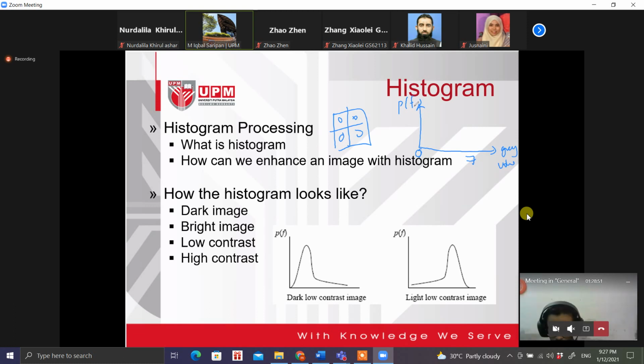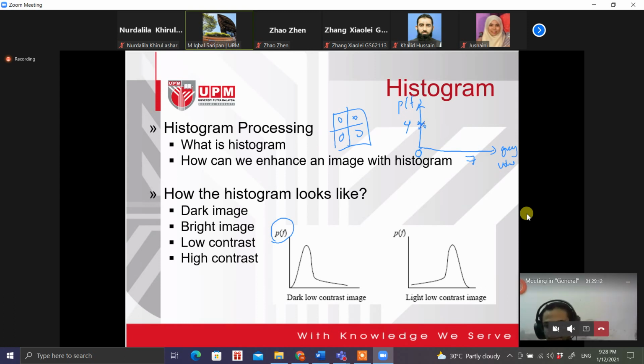That's why in the textbook they call that P. P means the probability of that particular color to appear. So in this case, we have 4: 1, 2, 3, 4. So the histogram in this case is just one plot here.